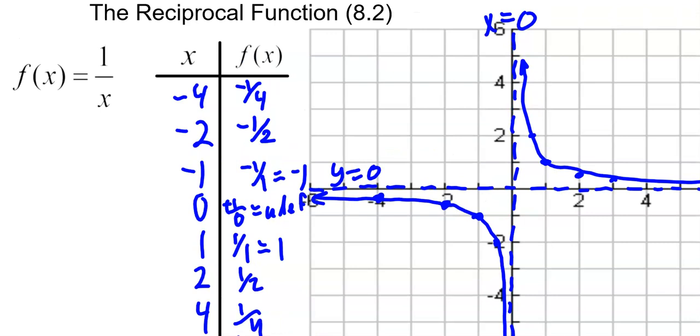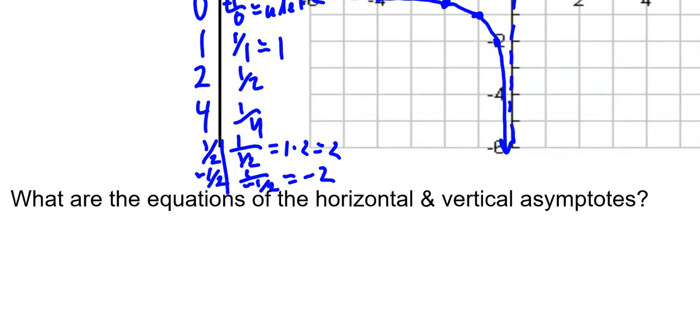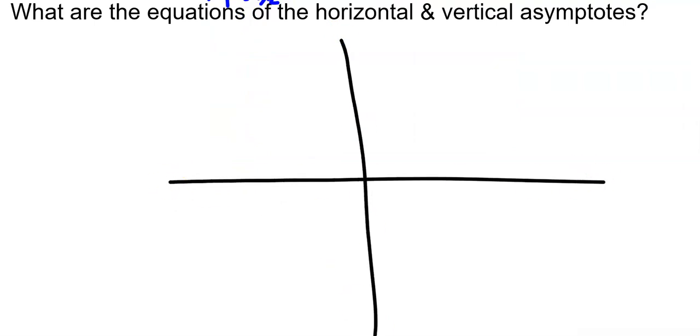You don't have to memorize all these points. If I ask you to graph f of x equals 1 over x, here's what I might expect. You basically say, okay, I've got an asymptote at y equals 0. You have to have the asymptote if you want to sketch this out. You have to have an asymptote also at x equals 0.